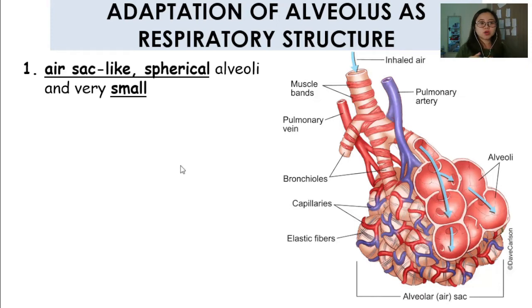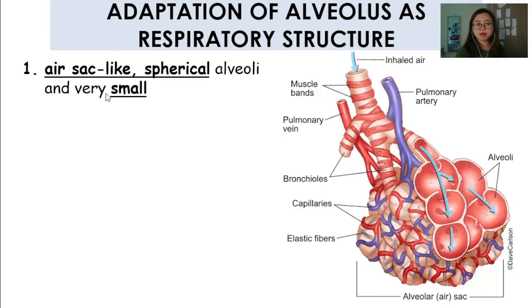Okay, so when we talk about adaptations of alveolus, we're talking about all the characteristics that make it so good at helping us in respiration, at helping us breathe. And the first adaptation of alveolus is that they are an air sac-like spherical structure and are very small.